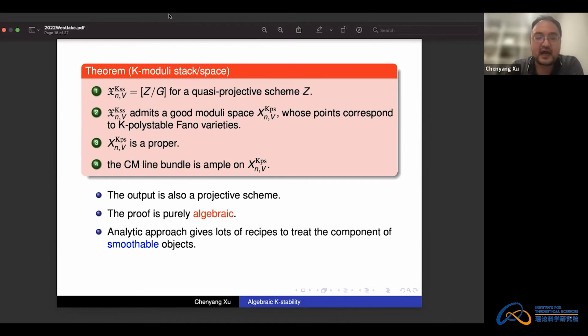If you look at the original CDS work, it gave you a lot of recipes to construct the moduli space, but only for the one component, the component whose generic point is a smooth Fano, and you construct the compactification. So the original analytic approach was quite powerful to construct a moduli for this component. But if you want to construct the moduli for the entire space, so far there's only an algebraic approach to do it.